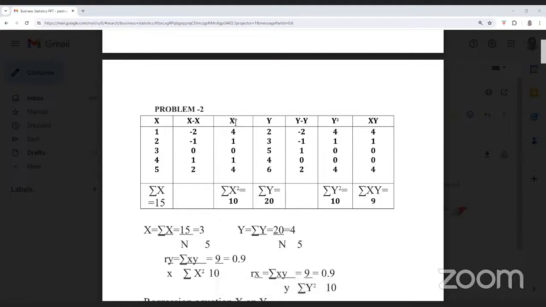And here you have to square it. 2 into 2, 4. 1 into 1, 1. 0 into 0, 0. 1 into 1, 1. 2 into 2, 4. So sigma x square is equal to 10.